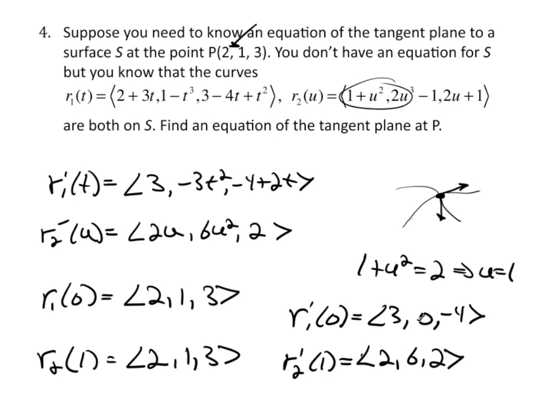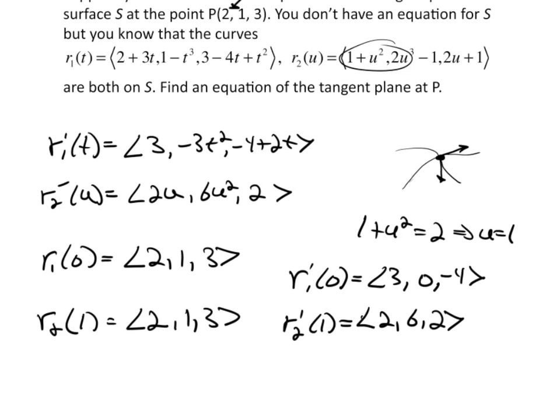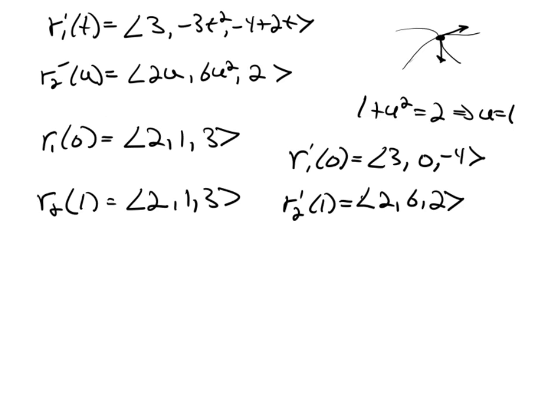So I know both of these vectors are going to end up being on the tangent plane. That's a good thing, because now what I need is that vector that's orthogonal, that's normal to the plane. So all I'm going to do is take a look at r1 prime of 0 cross r2 prime of 1.